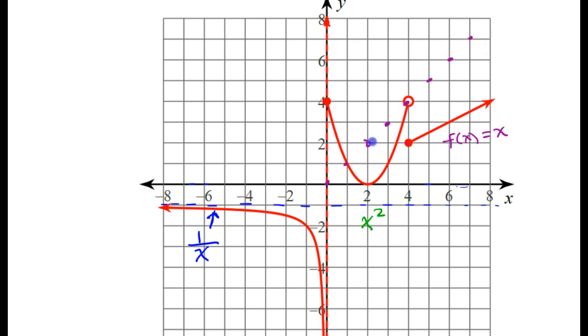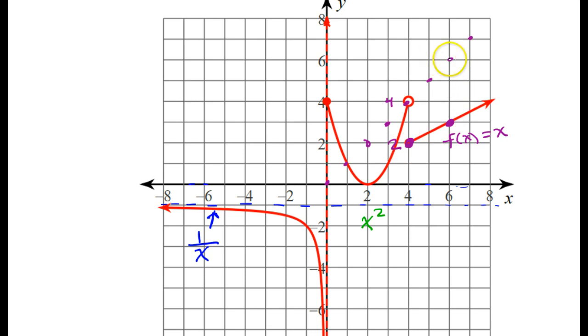Okay, so let me compare these points to the points I actually have, which are these points. Like, here are 2 points I can use for comparison. So the original point, for example, is here at 4, and this point, the corresponding point, is at 2.